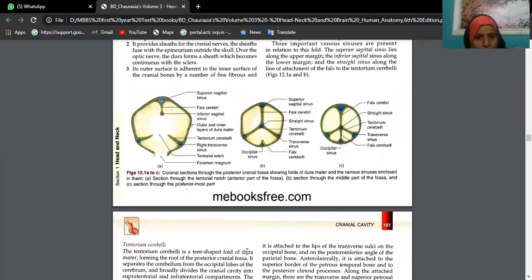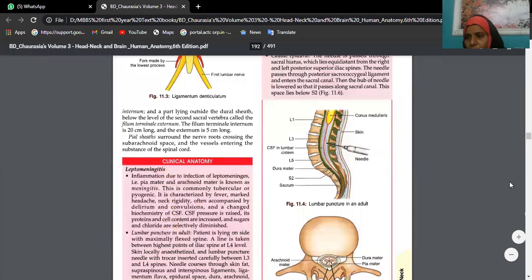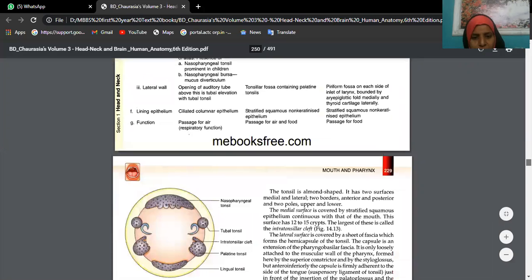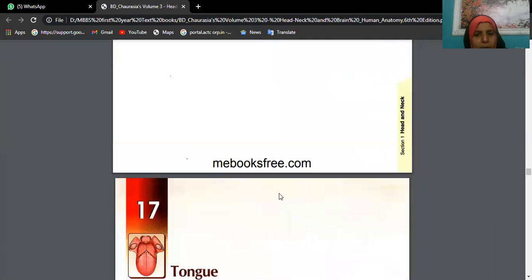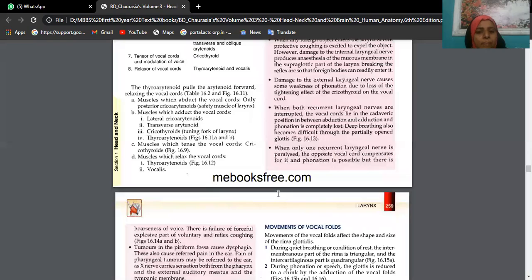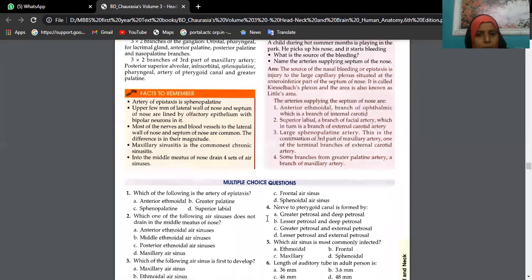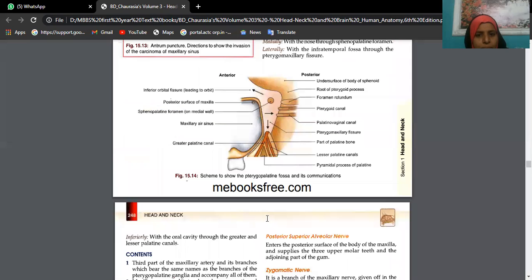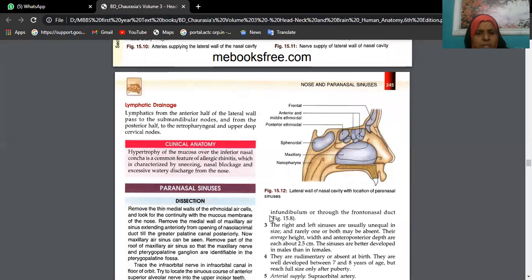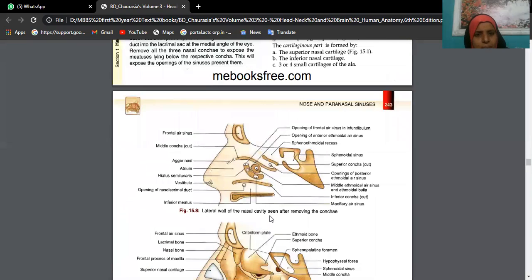Yes, ma'am. Nose chapter. Just one diagram is there. Just see the labelings, practice it. That is the nasal septum, beta.